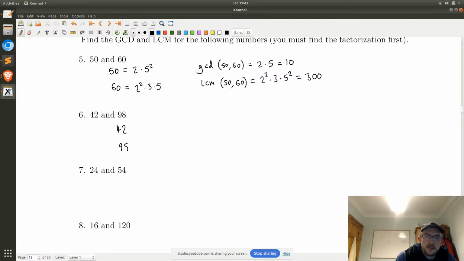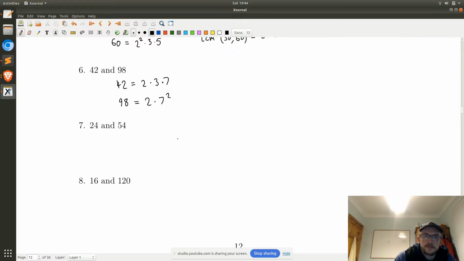Prime factorizations now of 42 and 98. For 42, it would be 2 times 3 times 7. And for 98, it's 2 times 7 squared. We compute the GCD and LCM of this pair now.